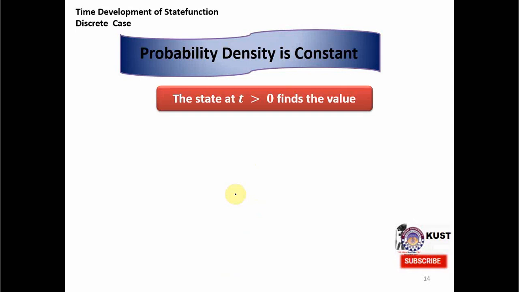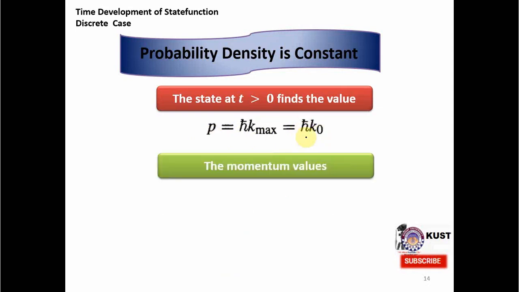So we see that the probability density is constant, that is, the state at a later time t finds the value h bar k maximum, h bar k naught, and this is the most probable value. The momentum values are h bar k naught plus 2 pi h bar n by a, where n goes from 1 to 3. These are the continuum case, so all values are probable, but the most probable value is h bar k naught.